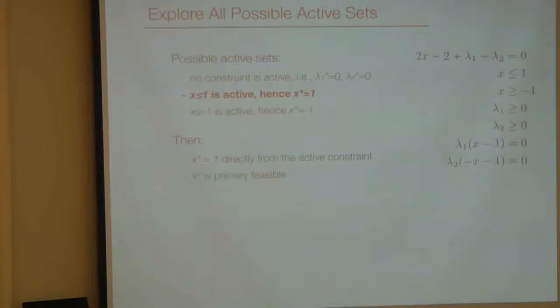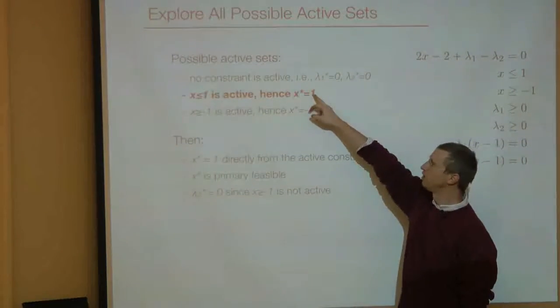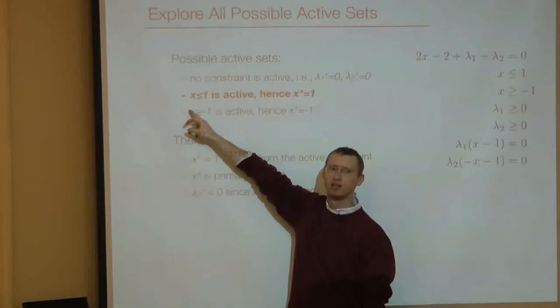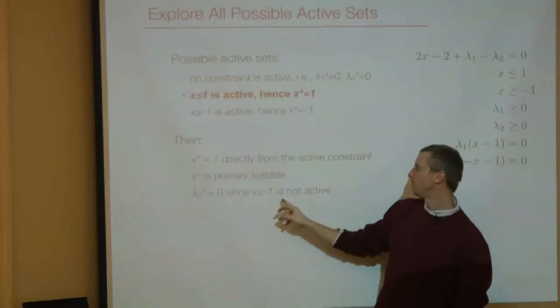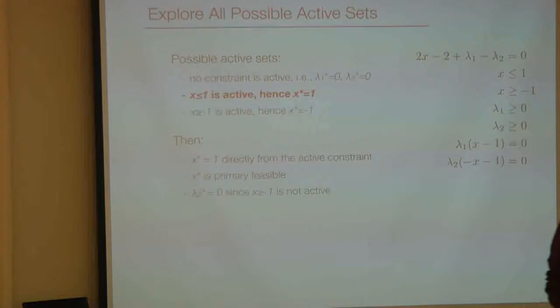Of course, this candidate is also primal feasible. That's clear. One of those lambdas, we know its value. Lambda 2 definitely is 0, because in this scenario we are assuming that only this constraint is active, which immediately means the other one is not active. If the other one is not active, that means the corresponding lambda for sure is 0.